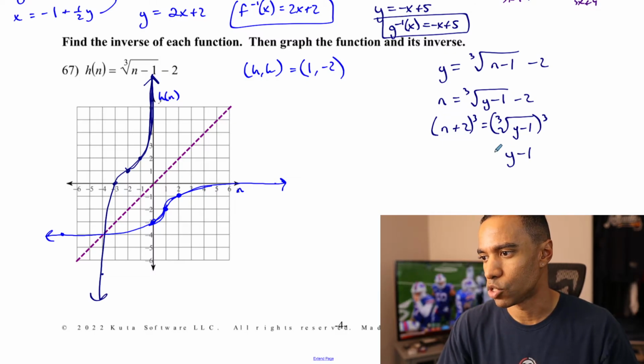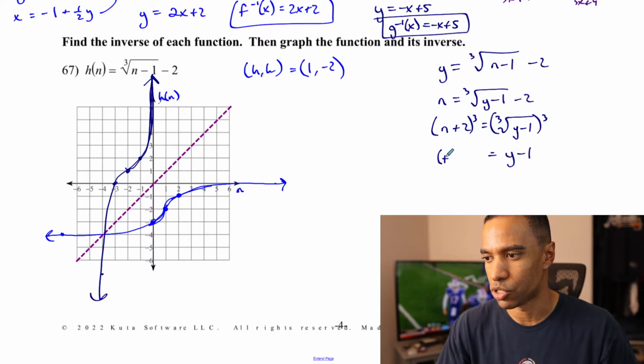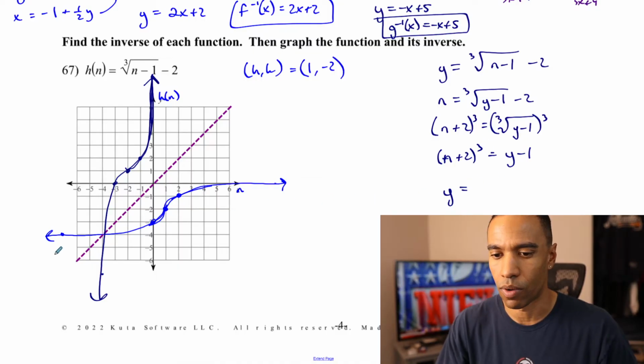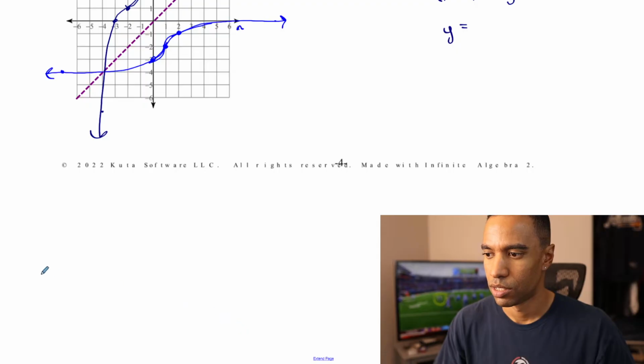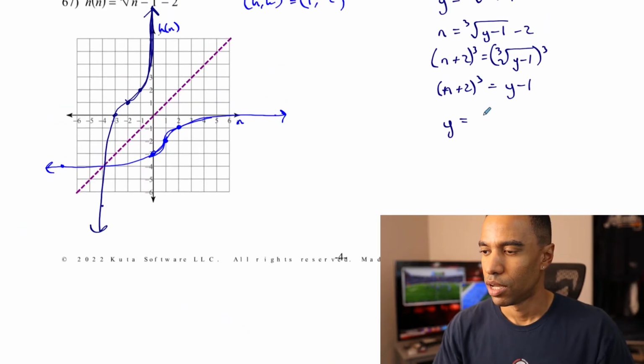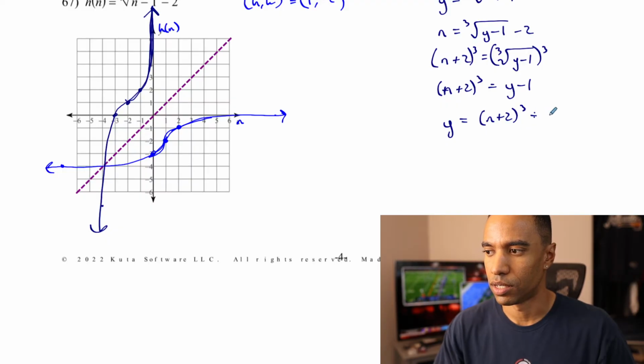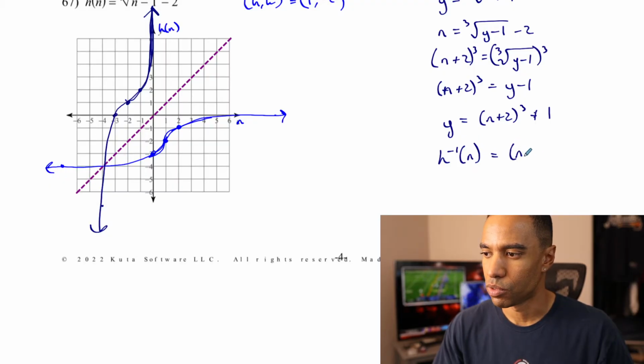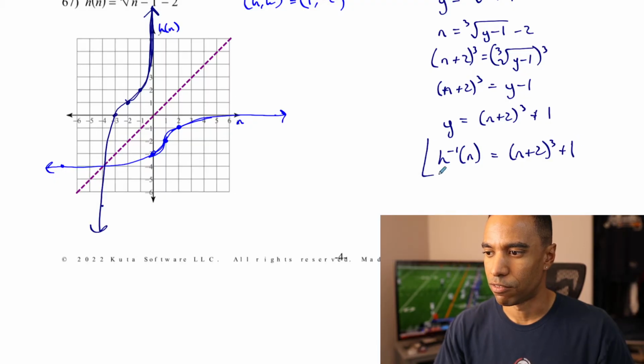So that's y minus 1 equals n plus 2 quantity cubed. Add 1 over, you'll get y equals n plus 2 quantity cubed plus 1, or inverse of h of n equals n plus 2 quantity cubed plus 1. And that is the inverse right there.